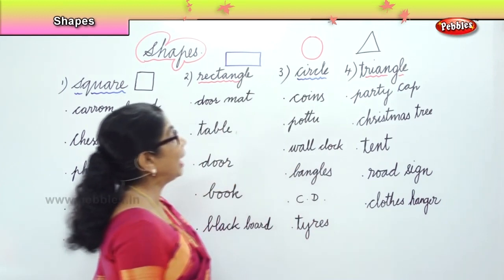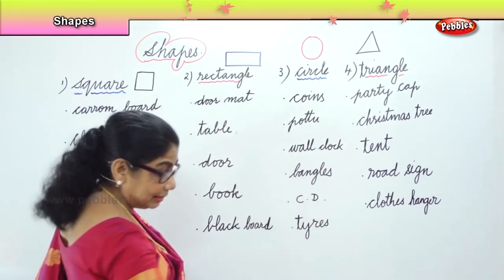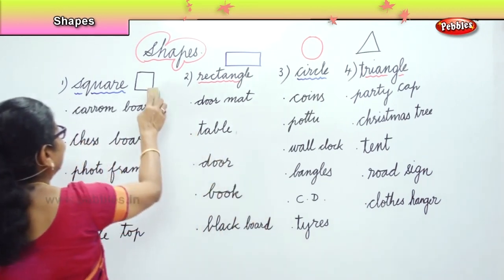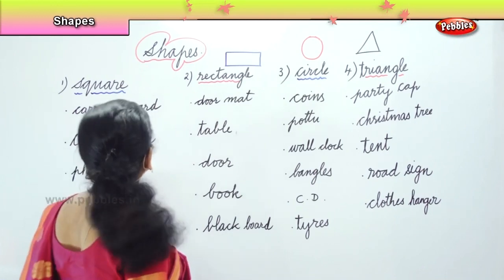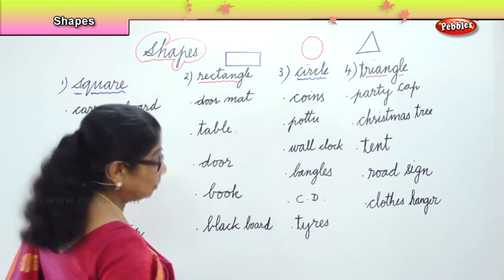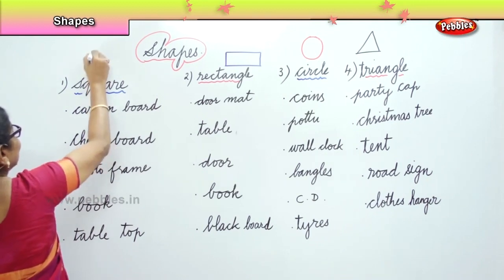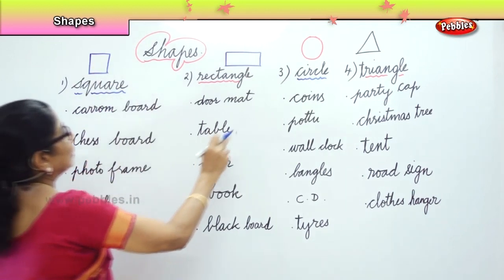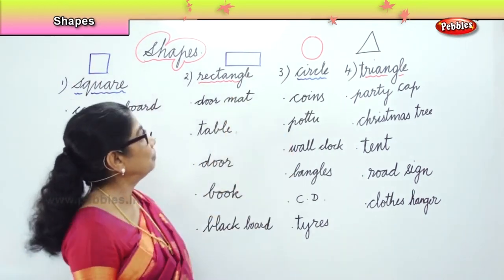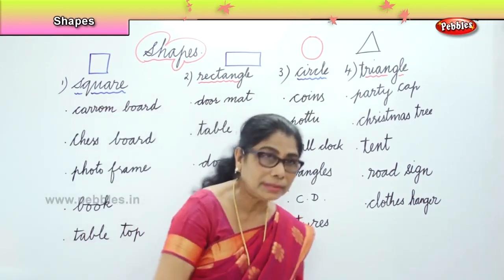Now, so we have circles, we have squares, rectangles, and we have, what is the final shape? We have the triangle. So you have a square shape, a rectangular shape, a circle, triangle. Now let's look at all the things.